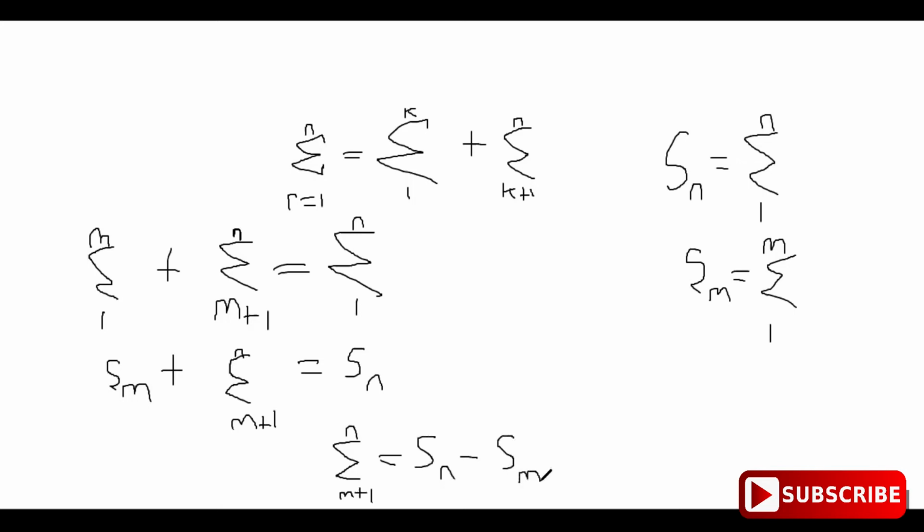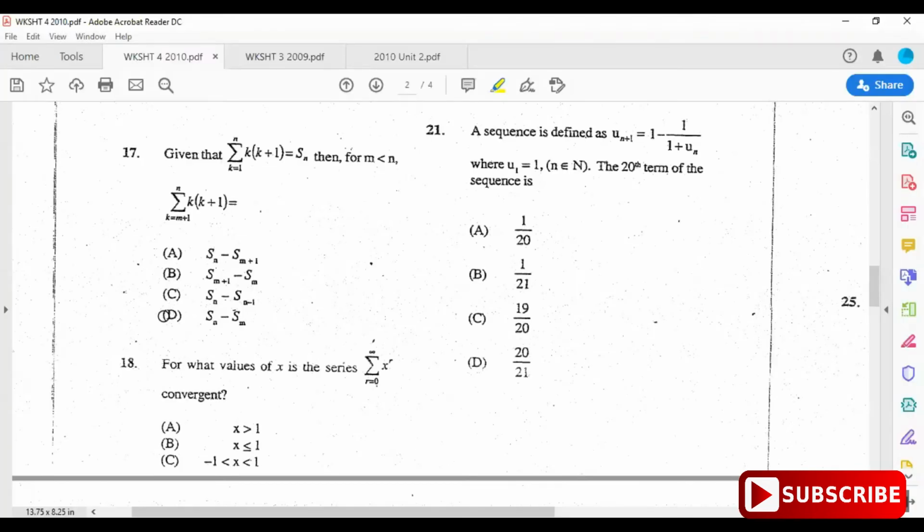Easy question. That's all they're asking us. So it is Sn minus Sm. Easy. All right.